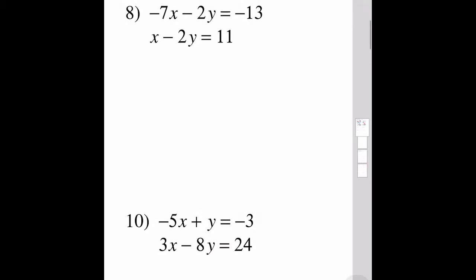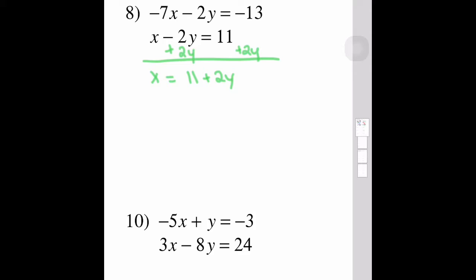Let's do number 8. As I'm looking at it real quick, both the equations are in standard form. But as I look quickly, this x is all alone and it's positive, so I can get it alone easily in one step by adding 2y to both sides. So I'm going to add 2y to give me a new equation of x equals 11 plus 2y.